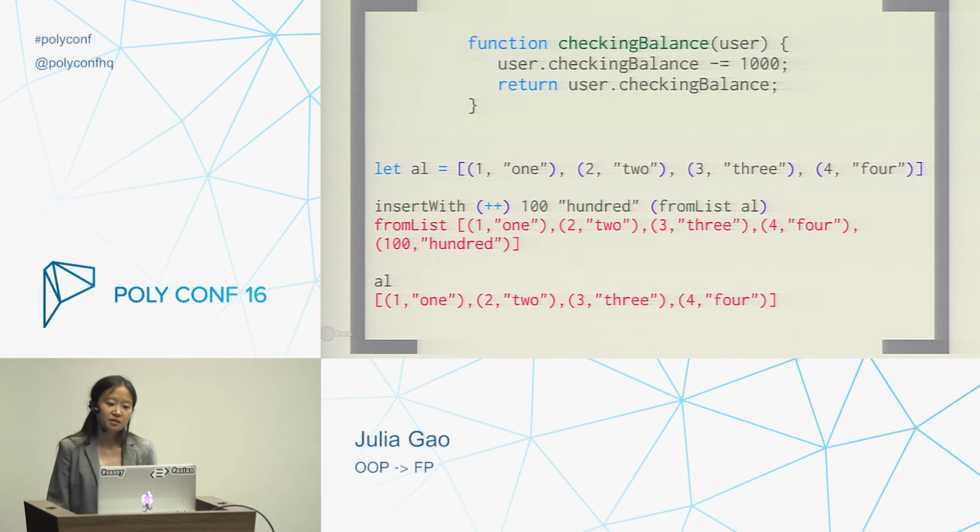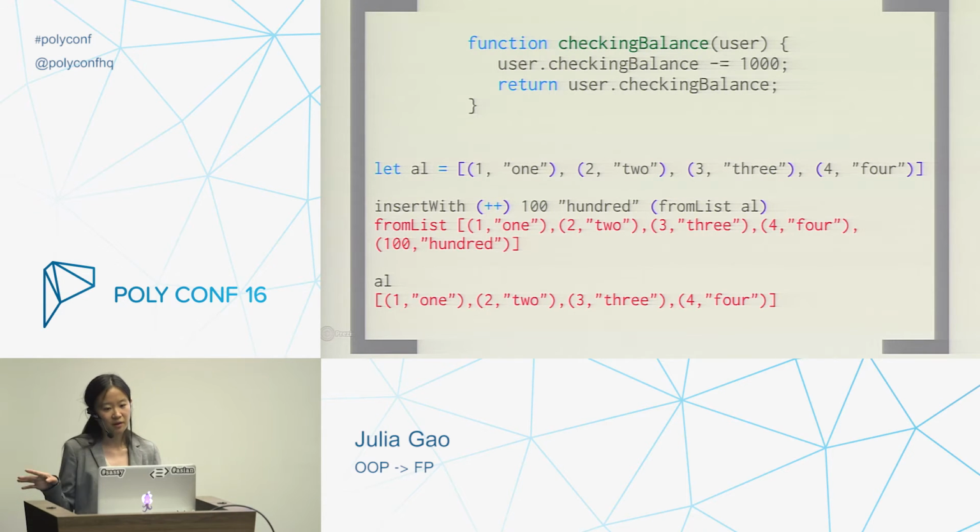On the bottom part, we have this list. We have this AL list that has tuples in it. So 1, 1, 2, 2, 3, 3, and so on. And now we want to insert another tuple, 100, into this AL list.